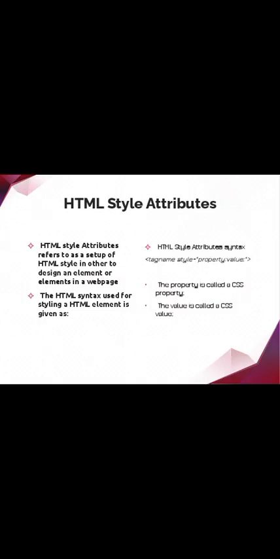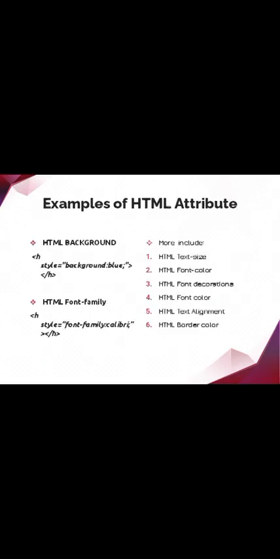Now, we actually have a lot of HTML style attributes, and using them we have to work with the HTML style attribute syntax, which you can see over here. The property is called a CSS property and the value is called a CSS value. Now moving on to examples of HTML style attributes, we have the HTML background.